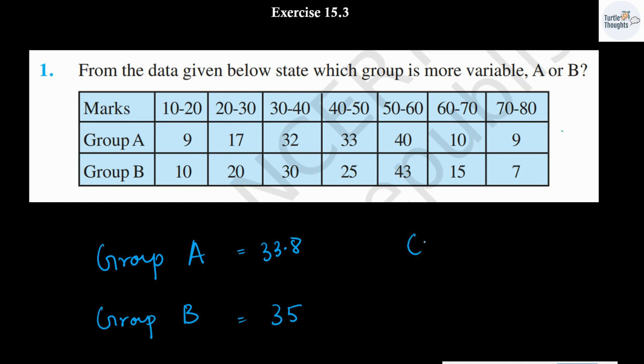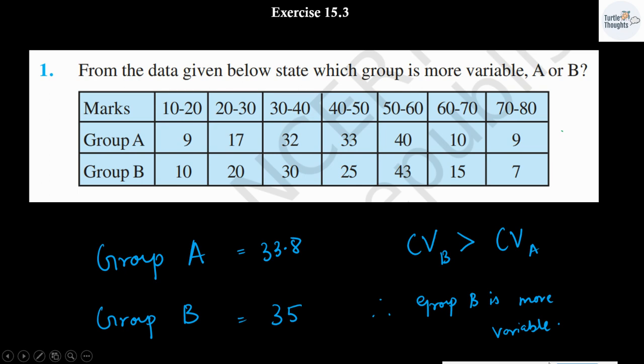Now, can I tell that CV for group B is greater than CV for group A? Therefore, I can tell group B is more variable. This is how you will be solving this question.